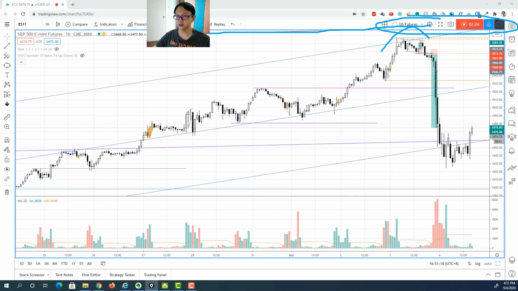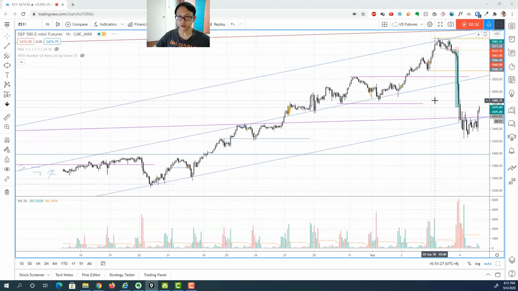Certainly if we just base on this uptrend channel alone, then definitely this is an overbought situation.